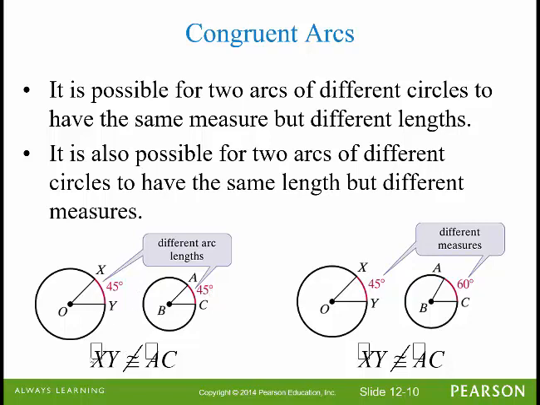So the measure of arc XY is not equal to the length of arc AC. And it's the same thing here. These two arcs have the same length but different measures, because they have different angles. So we're saying here that arc XY is not congruent to arc AC. Remember, they need to have the same measure and the same length to be congruent.